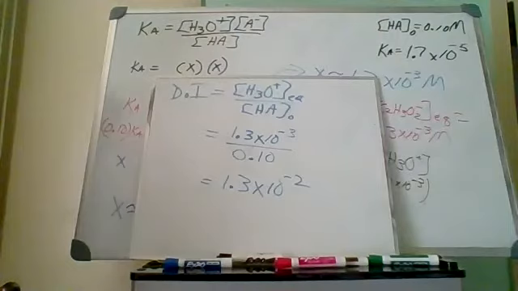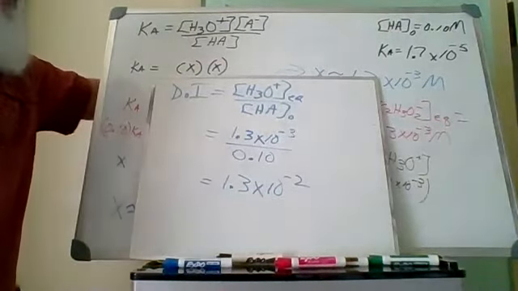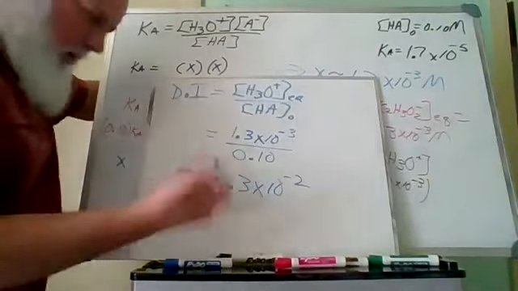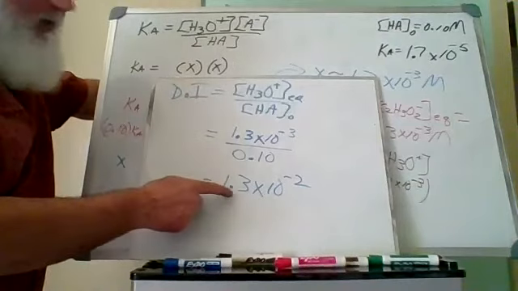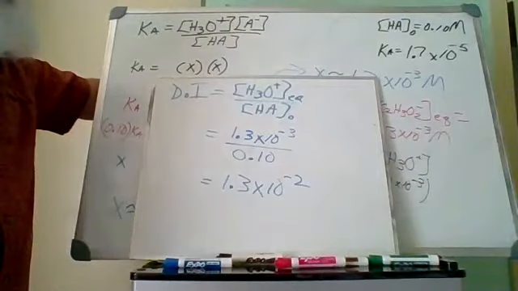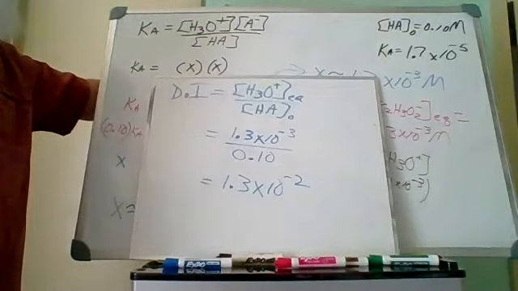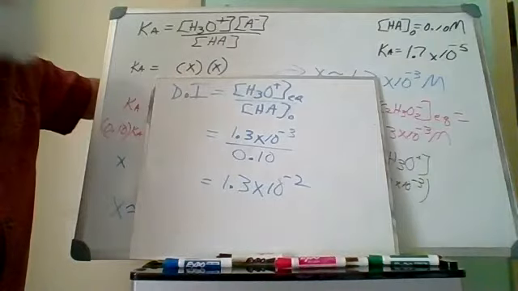Now, remember, acetic acid is the acid in vinegar. So in a bottle of vinegar, this is roughly the degree of ionization. I can't remember what the concentration of acetic acid is, but it's very low.